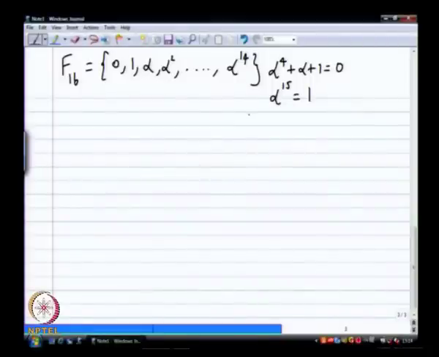For this also now you can make a table, right. For instance, if I ask you to do some summing up, let us say alpha power 5 plus alpha power 6, what would be the answer?